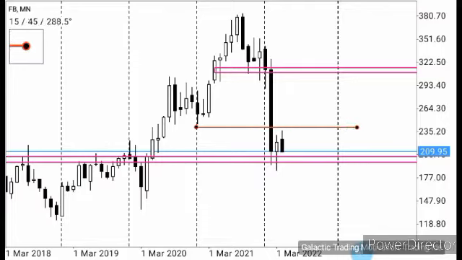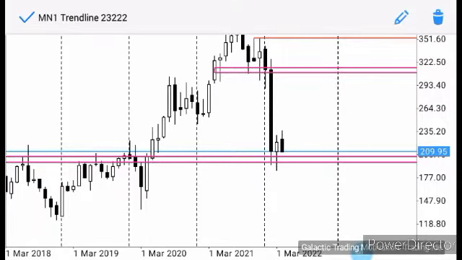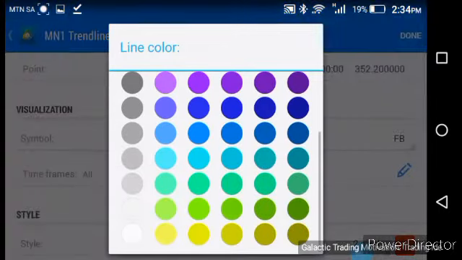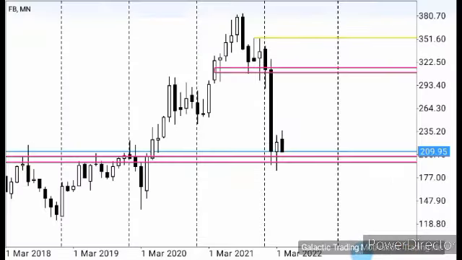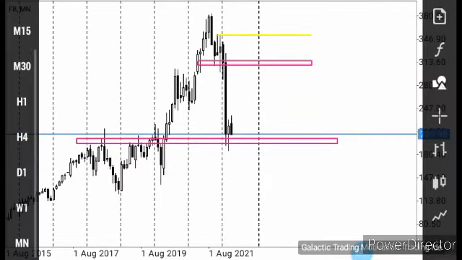By that, what I mean is that price at some point has to come to this level, as there is a lot of liquidity stuck at that particular level. I'll just mark it yellow.